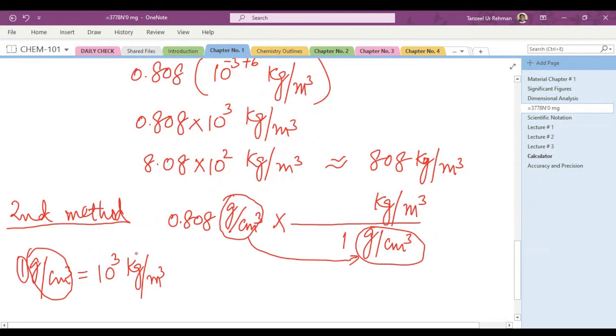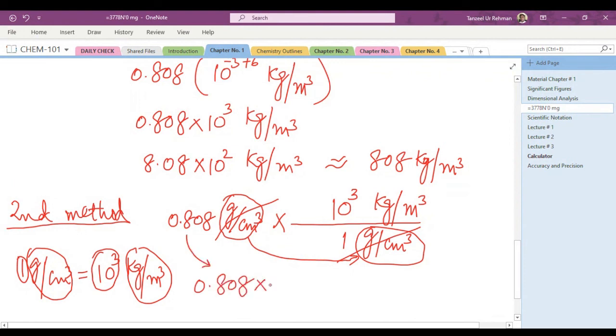And with kilogram per meter cube, what is written? 10 to the raised power 3. So write 10 to the raised power 3 here. So gram per centimeter cube cancels. What is left? 0.808, same, multiplied by 10 to the raised power 3 kilogram per meter cube. Now this is our answer.